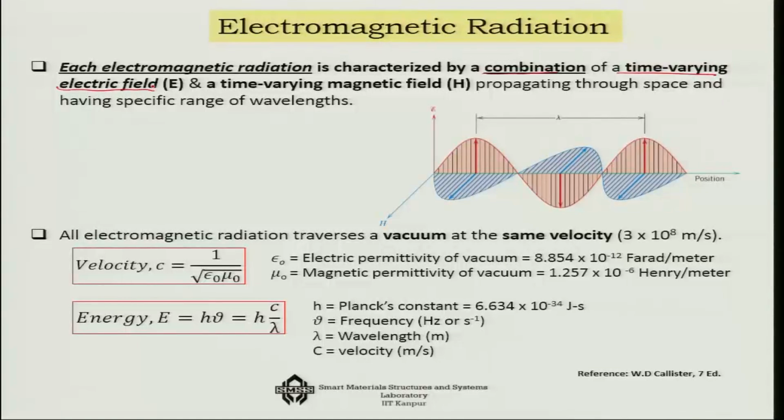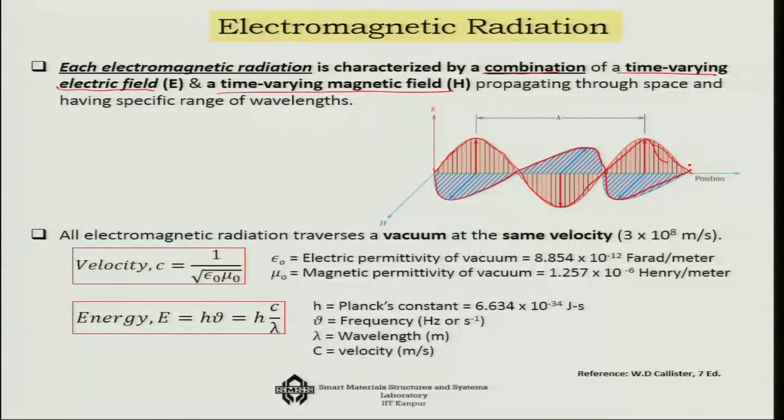One is the electric field wave and another is the time varying magnetic field. So if you denote one in this manner, as it is here, as the time varying electric field, then the other one is the time varying magnetic field. So it is just transverse to the two.